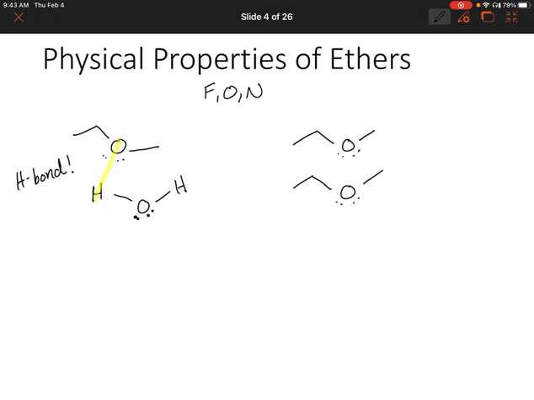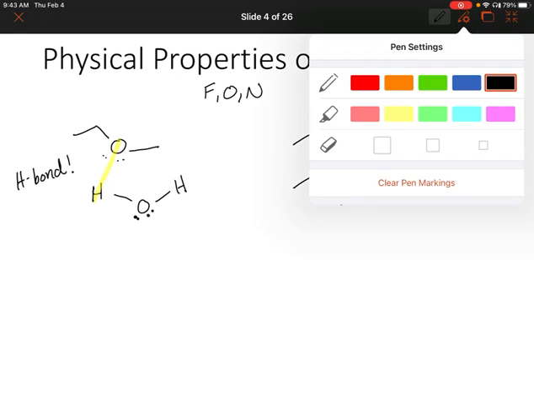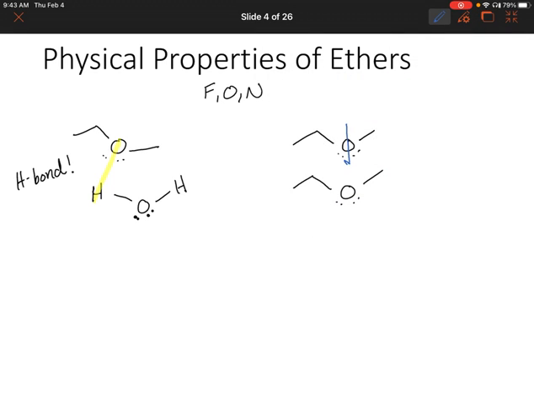Remember, every molecule has van der Waals forces or London dispersion forces. Sometimes we use a different name for that. But we would also have dipole-dipole interactions because that oxygen is so electronegative compared to the carbons and the hydrogens on the alkyl groups. And additionally, remember that we could have some van der Waals forces between the carbons on either end as well. And I'll write underneath dispersion.